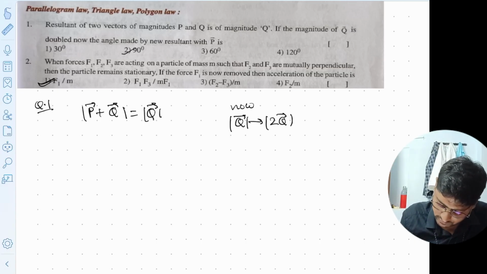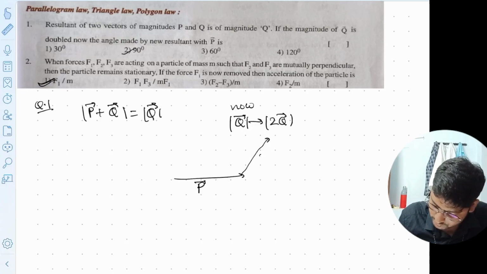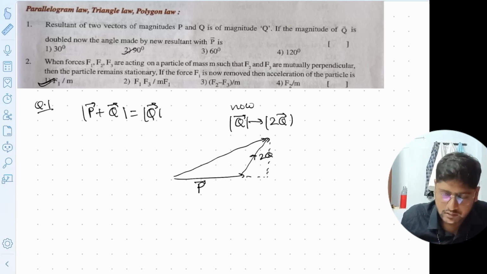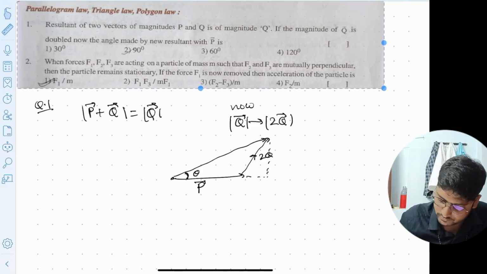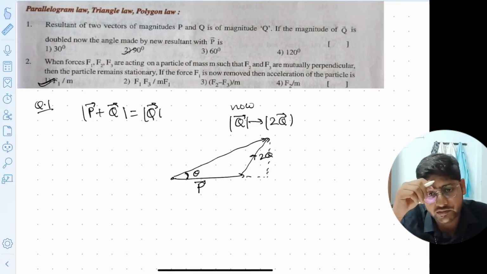Suppose this was our vector P, and now Q becomes 2Q. Initially Q was here, now it becomes 2Q. Then the resultant: how much angle will it make with the P vector?